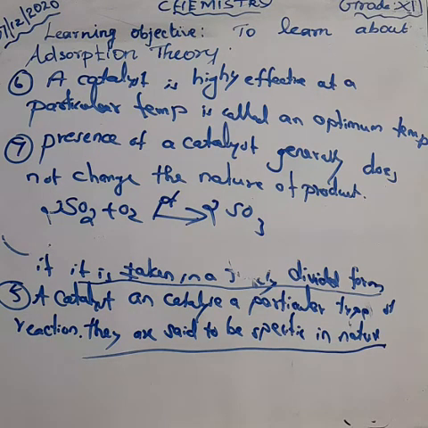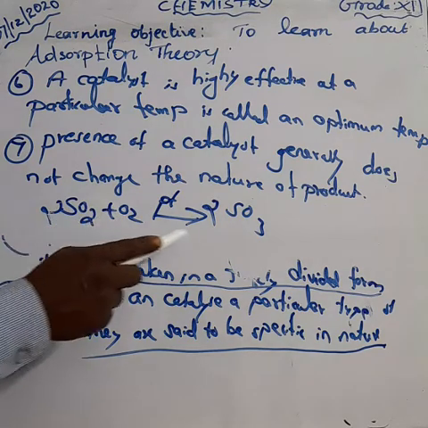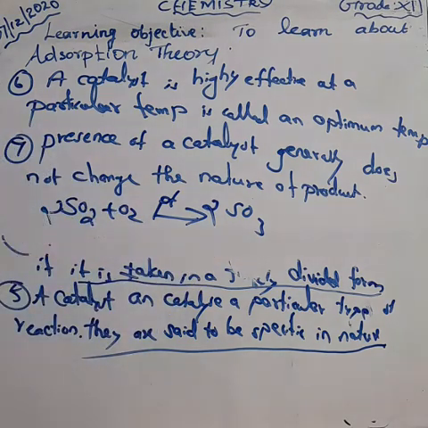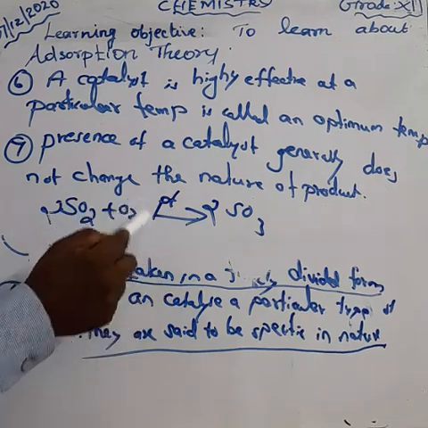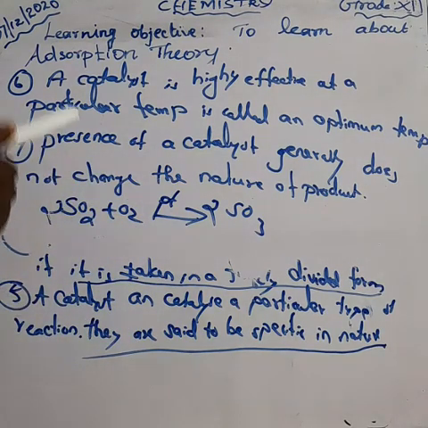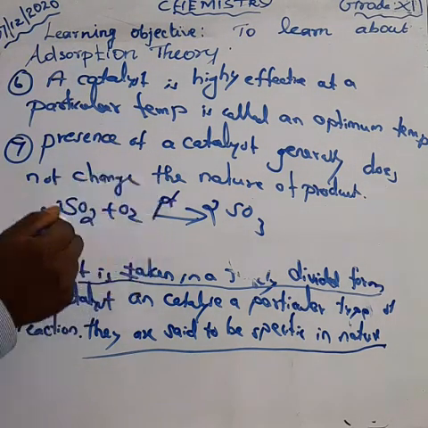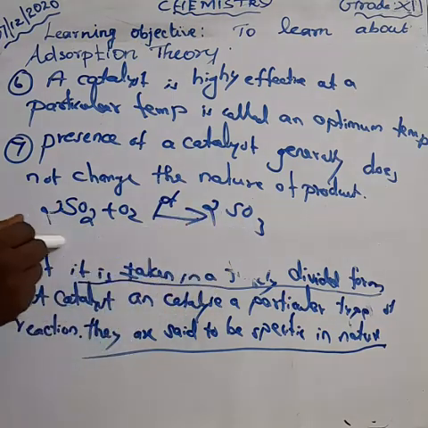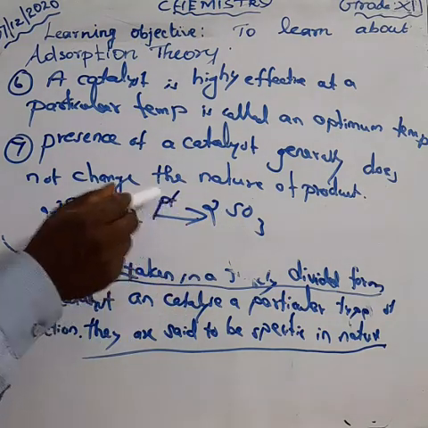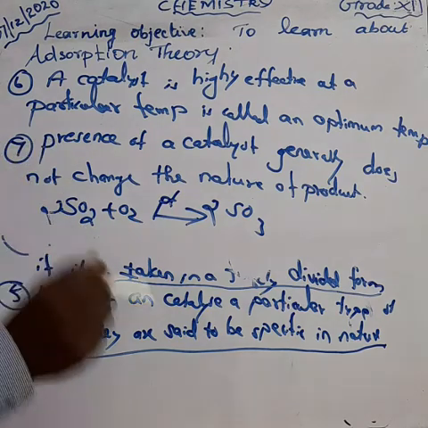For example, in the reaction between sulfur dioxide and oxygen, we get sulfur trioxide. For this reaction, we have to add platinum. In the absence of platinum, this reaction goes at a slow rate.